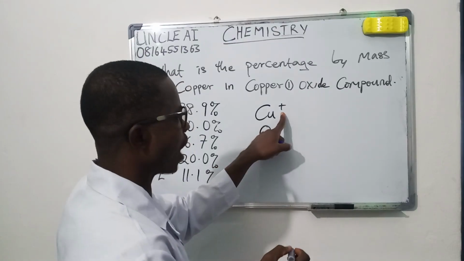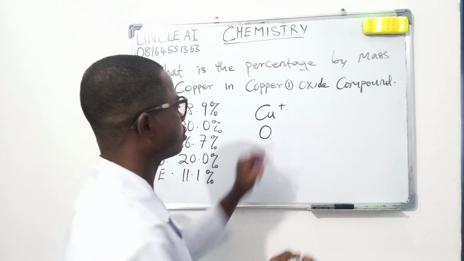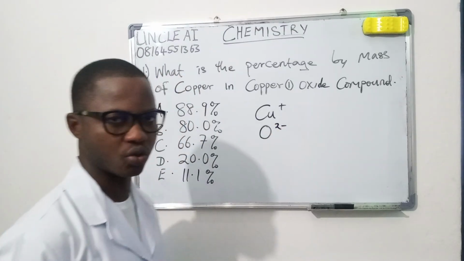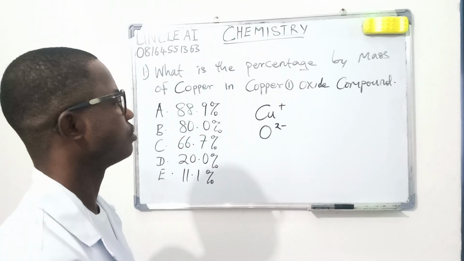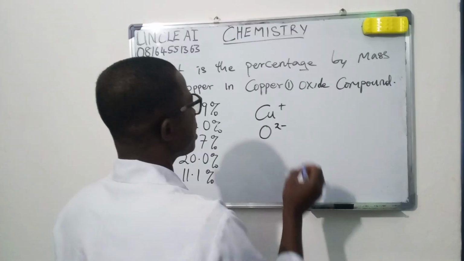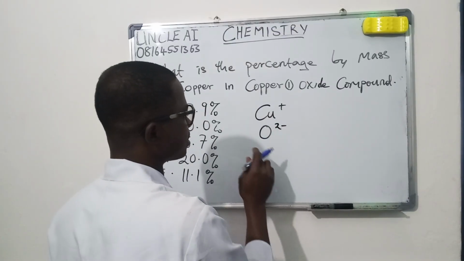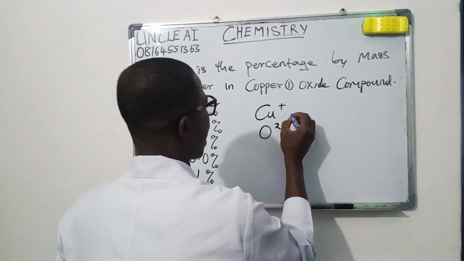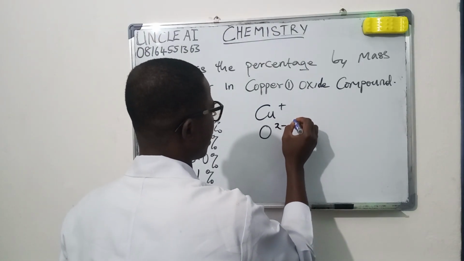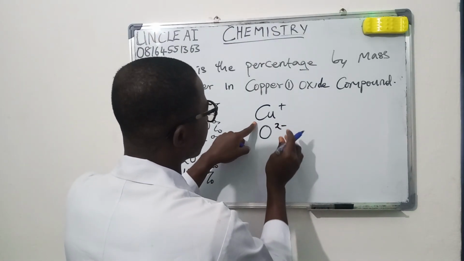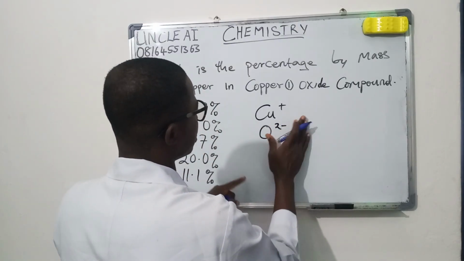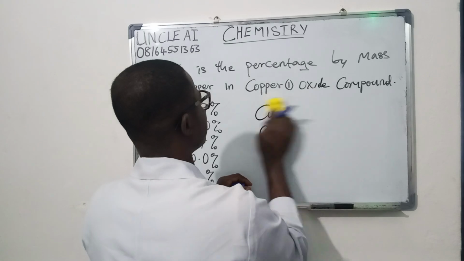Of course, copper 1 here is bearing a valency of 1. Then oxygen has a valency of -2. Bear that in mind. Okay, let me put it this way.